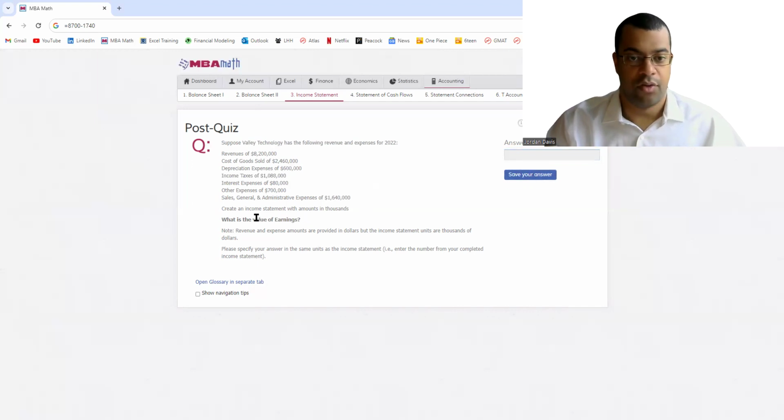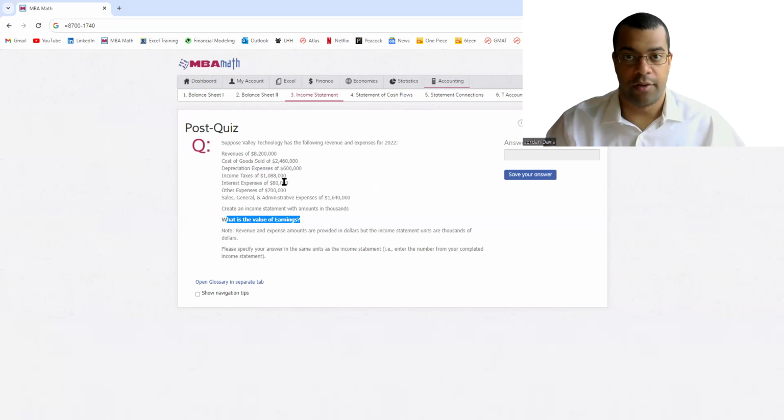Last question. So what is the value of net earnings? Value of earnings is just another word for saying net income. So we're going to take revenue, subtract cost of goods sold, subtract depreciation, other expenses, SG&A, interest expenses, and then taxes. Now, the order doesn't really matter here, but so you understand it, from a fundamental standpoint, you're always going to do it in that order.